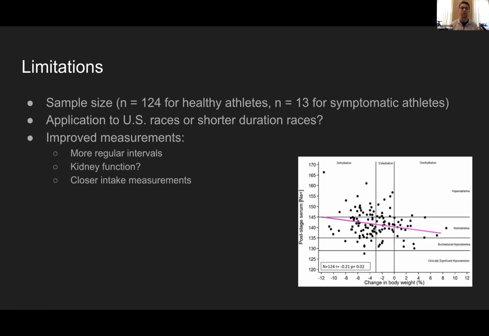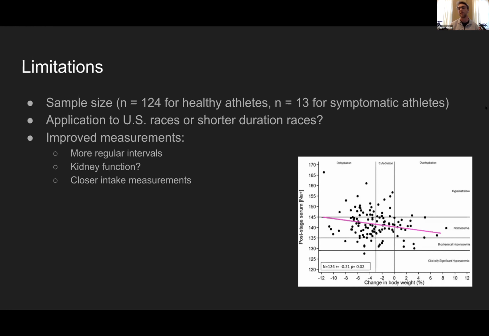Additionally, I think this study could have some improved measurement standards too. They got data at stage 1, stage 3, and stage 5. So I think more regular intervals could occur, like measuring it before stage 1, at the end of stage 1 too. I think you could also get more data, like kidney function, ADH levels, things like that.